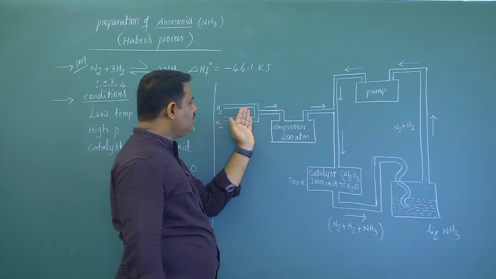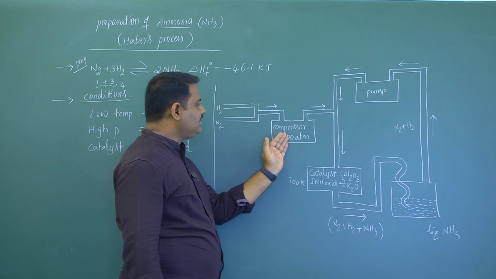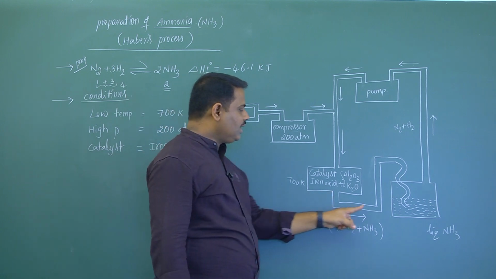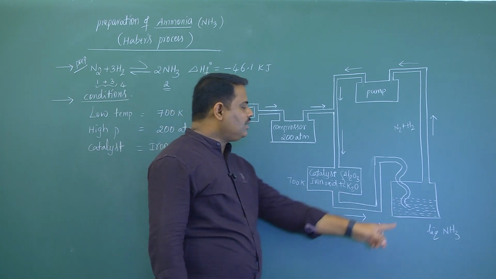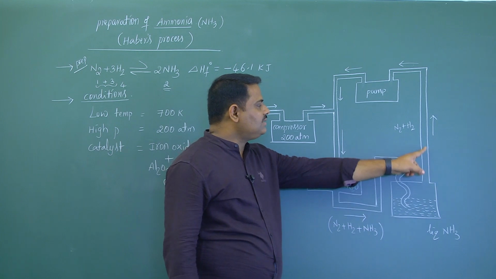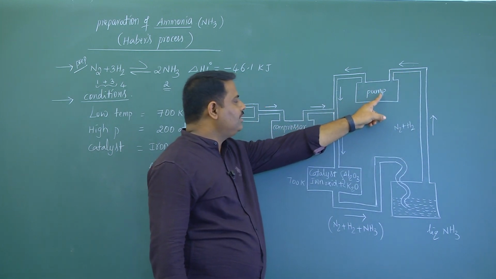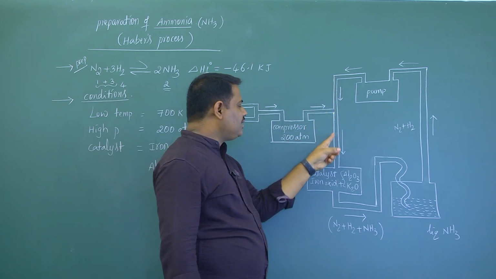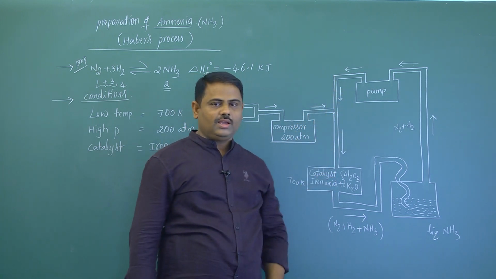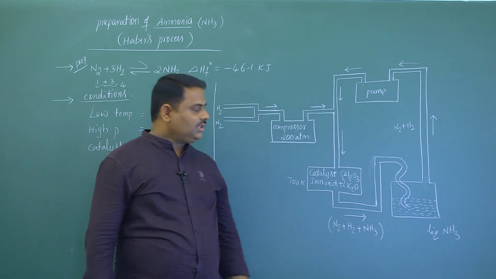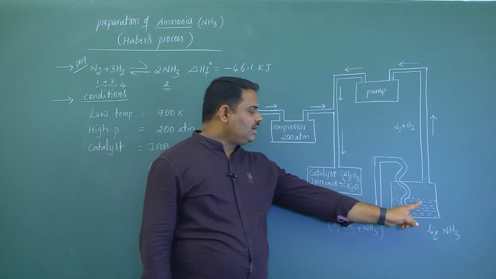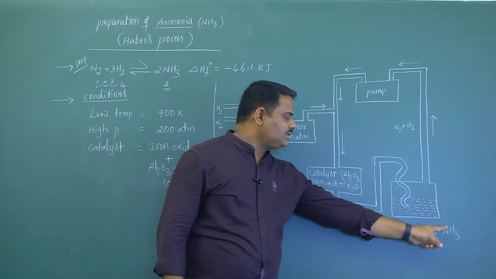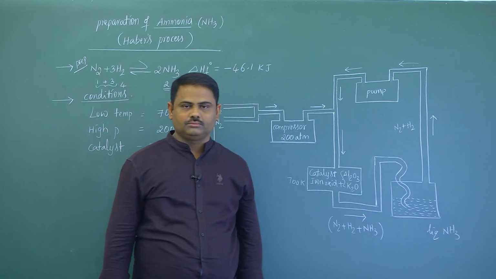First nitrogen and hydrogen gases enter the compressor, next the catalytic chamber, next the condenser. Here unreacted nitrogen and hydrogen gases are passed into a pump and these two gases enter the catalytic chamber once again. This is also called recycling. But in this experiment, finally you are getting ammonia here. From here we can separate ammonia.